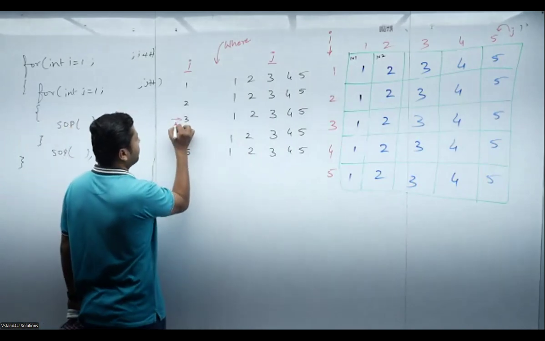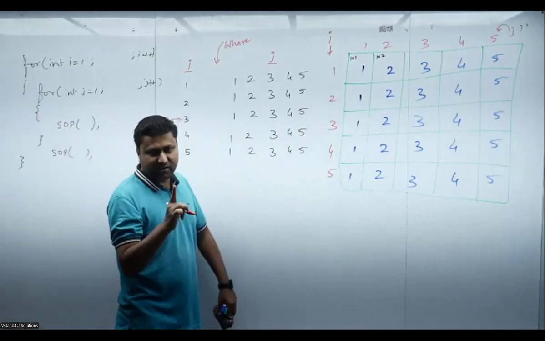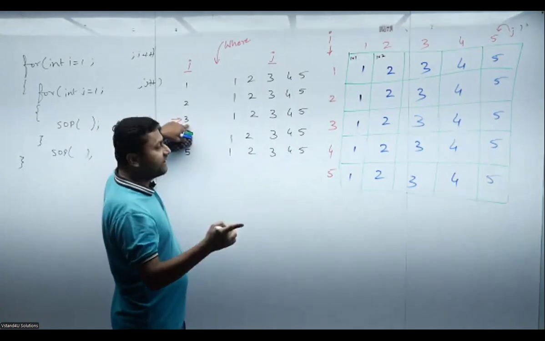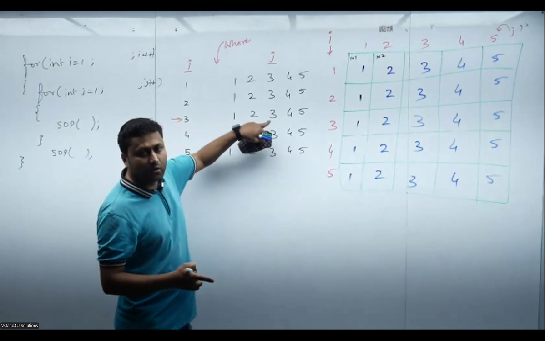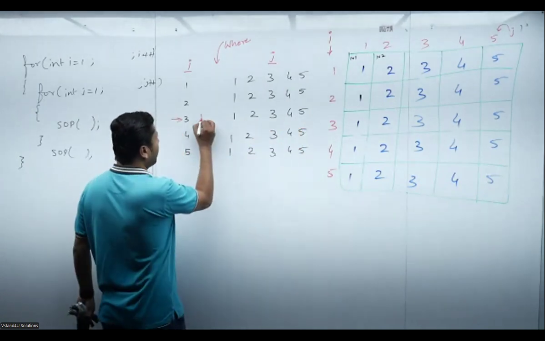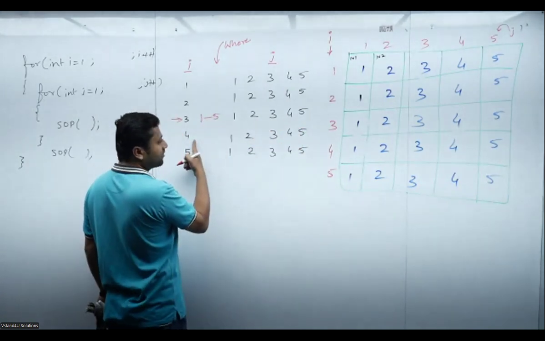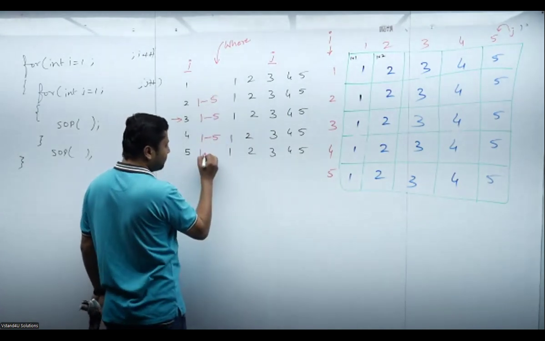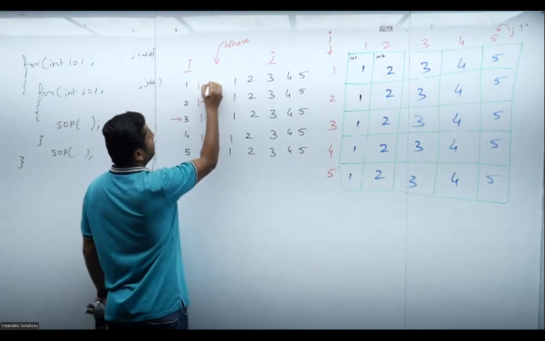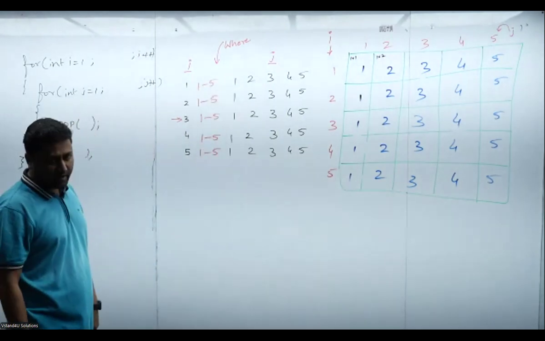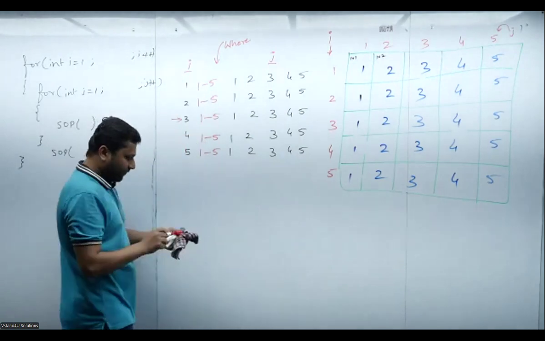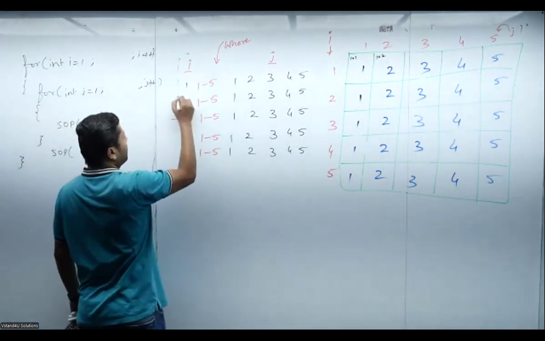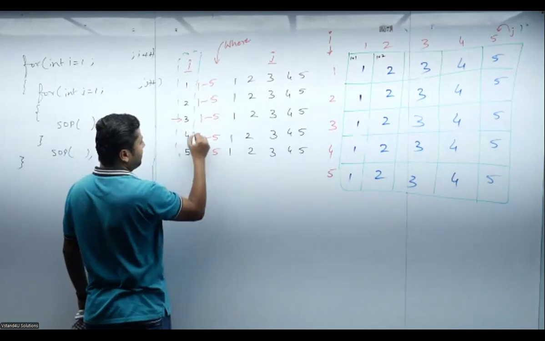I'll start with the third row first. In the third row, where all I need to print, starting from 1, goes till the 4th one. Everywhere, if you observe, the value of i is this.